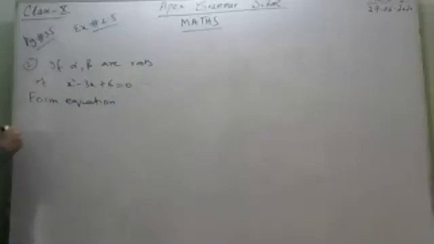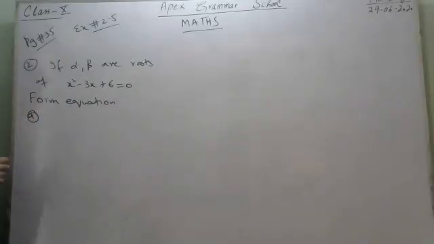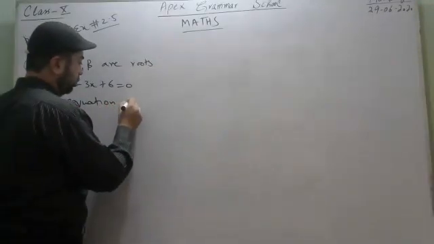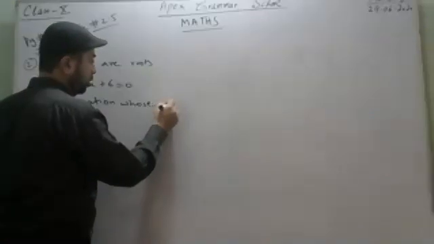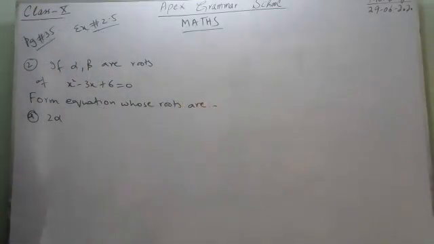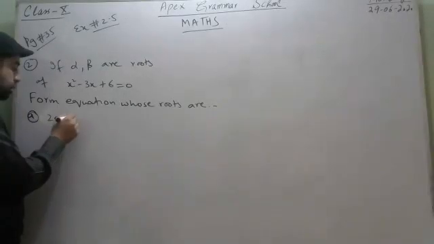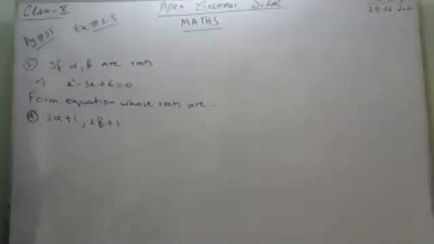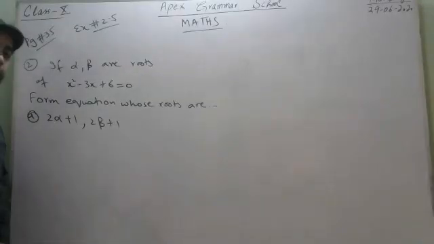The first part, that is A, makes 2 alpha plus 1. Form an equation whose roots are 2 alpha plus 1 and 2 beta plus 1. Now see that he spins the roots.